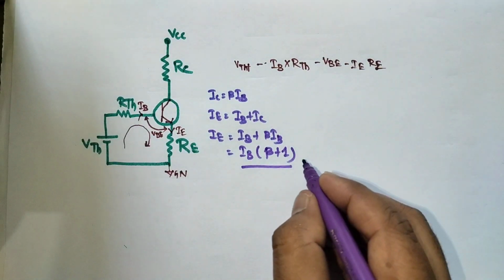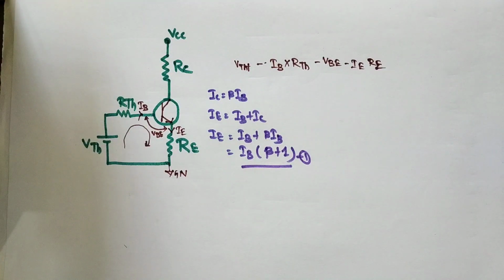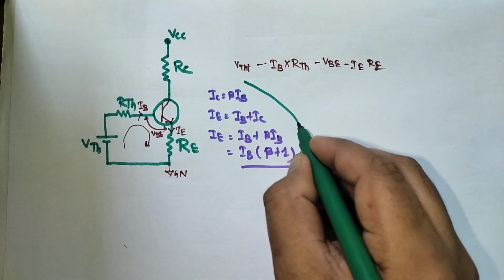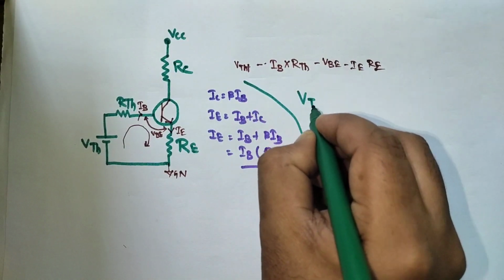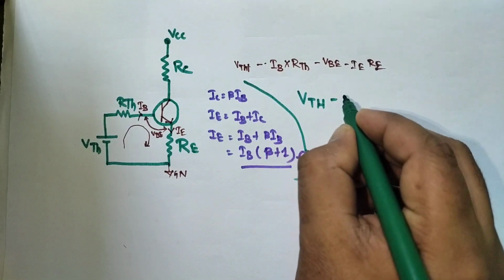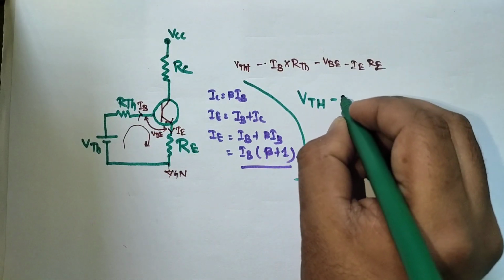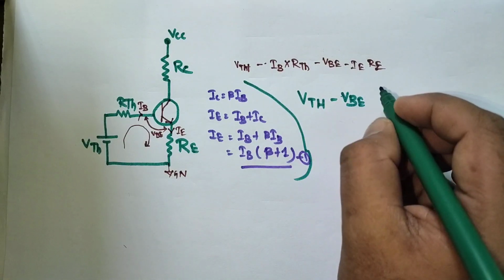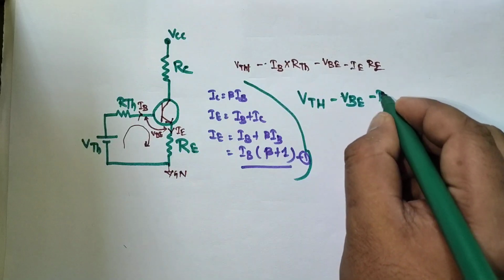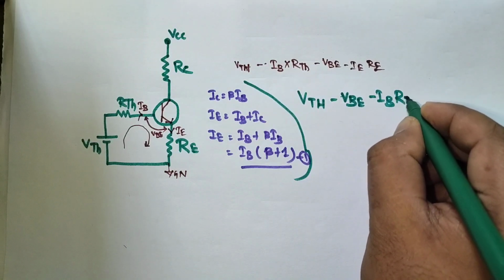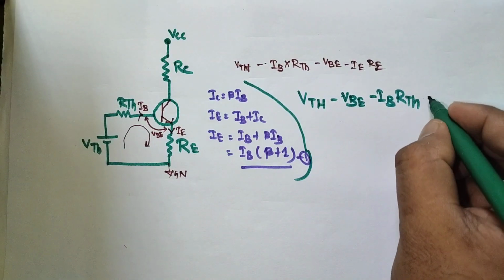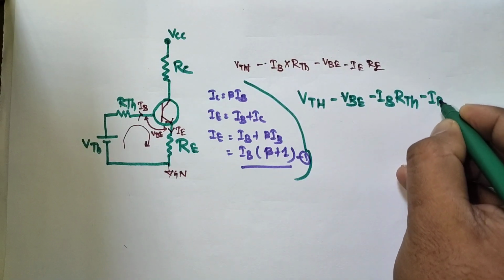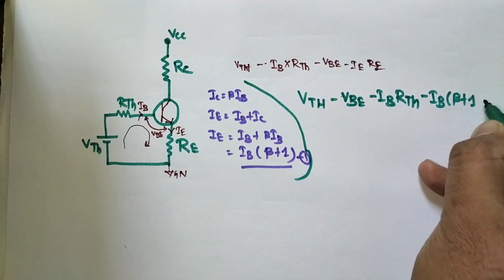So I put this value here, and the final equation will be VTH minus VBE minus IB RTH minus IB into (beta plus 1) RE equals 0.